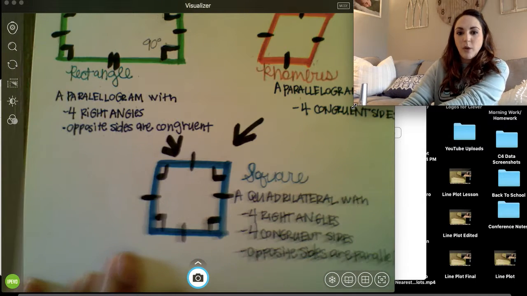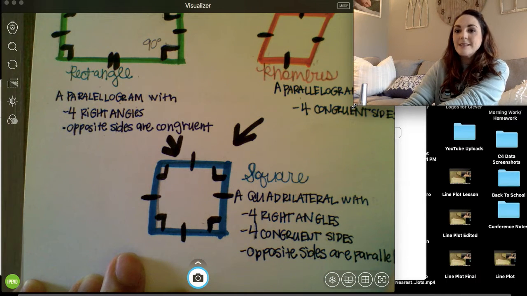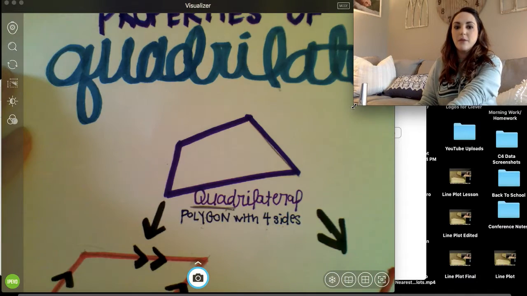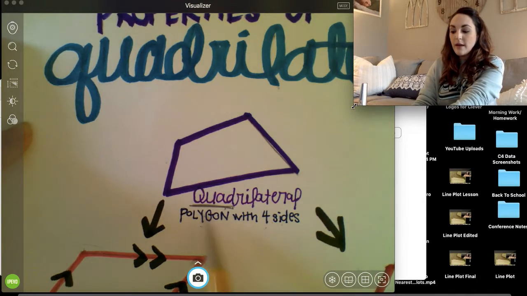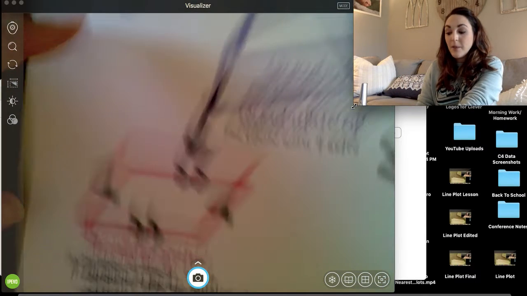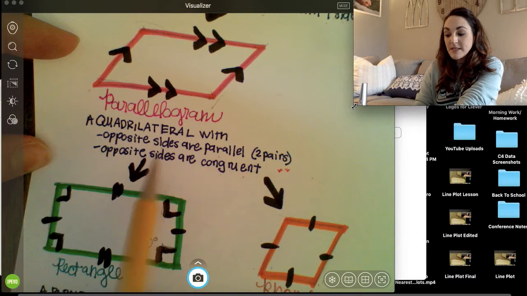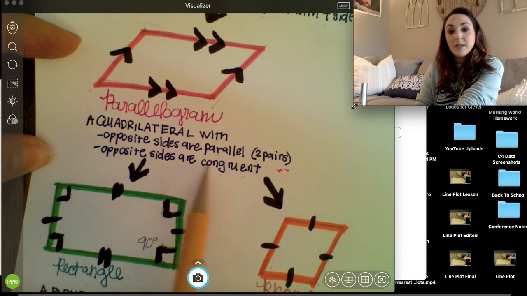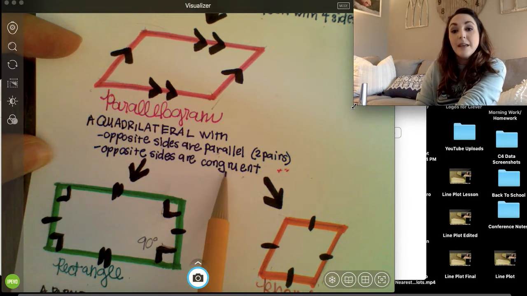Finally, we have the square. The square has lots of properties, and it is also, if you notice, at the very bottom of our chart. So a square is a quadrilateral. It has four sides. A square is a parallelogram, meaning that opposite sides are parallel. Opposite sides are also congruent. Congruent means equal.